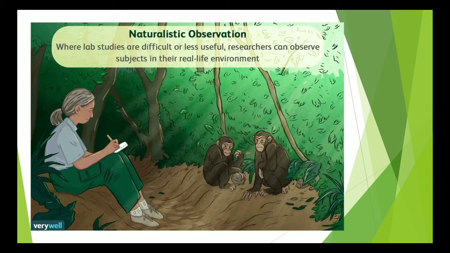In this photo you can see that naturalistic observation is done, where researchers can observe a subject in their real life environment. What these chimpanzees are doing is far off, and Jane Goodall is just sitting over there observing whatever these chimps are doing. This is known as naturalistic observation.